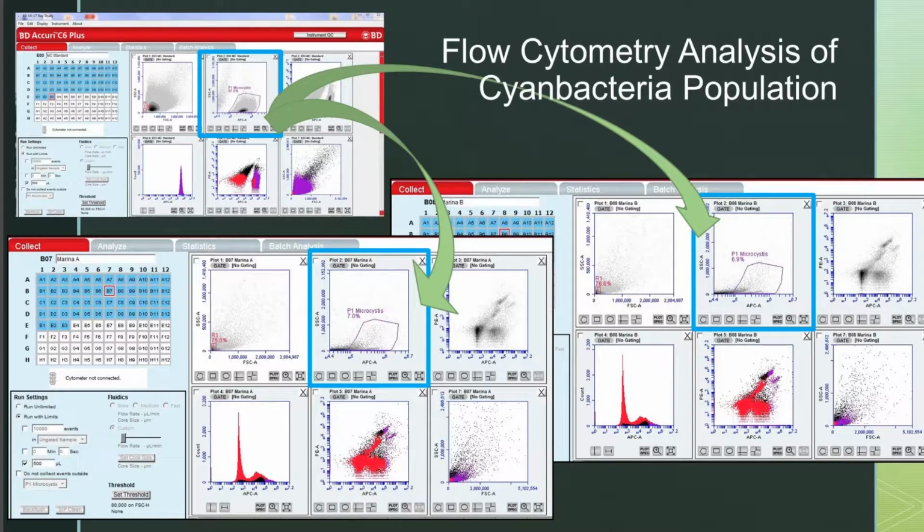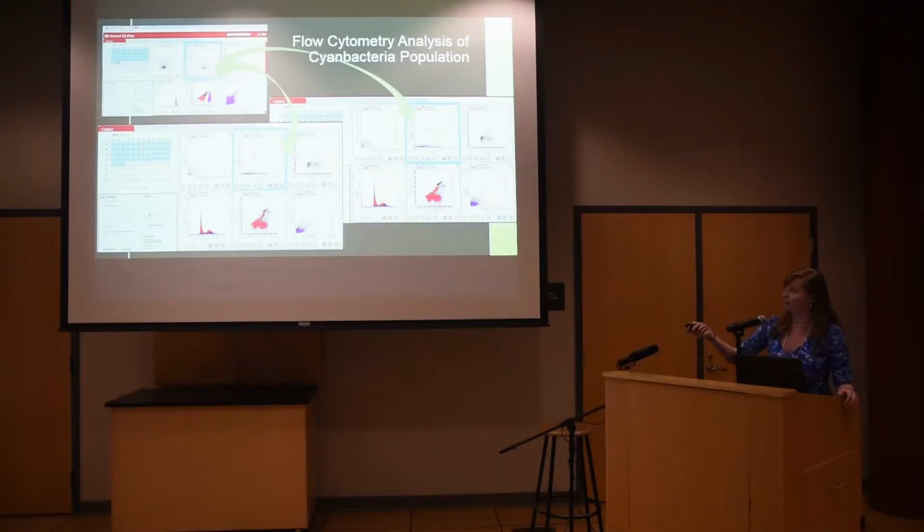I was able to compare those gating areas to samples, particularly from the Marina on Presque, and they're from the same sample, so Marina A and Marina B are my duplicates. We have about 7% Microcystis in the A sample and 6.9% Microcystis in the B sample. I wanted to show you both sets just to show how close together the machine is counting those cells. All of my percent CVs were very, very low, so I consider that very good.